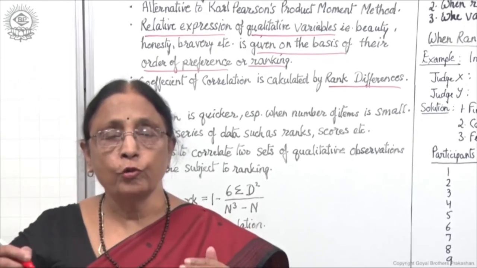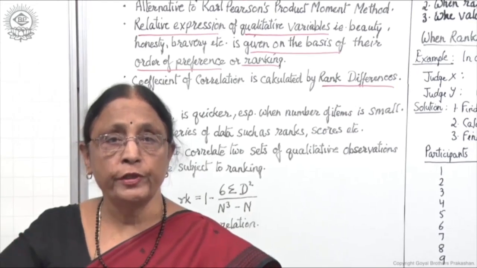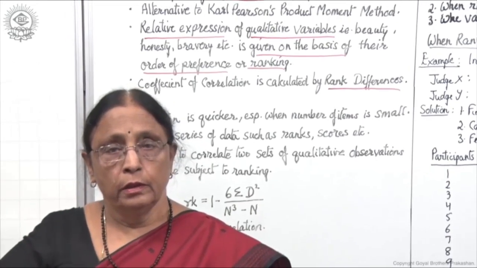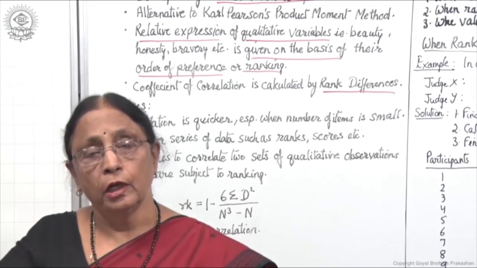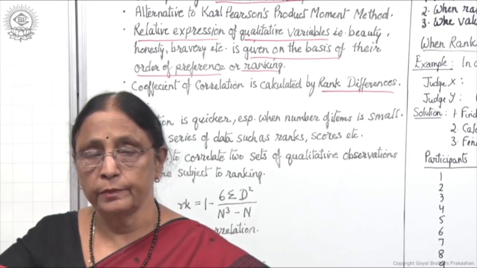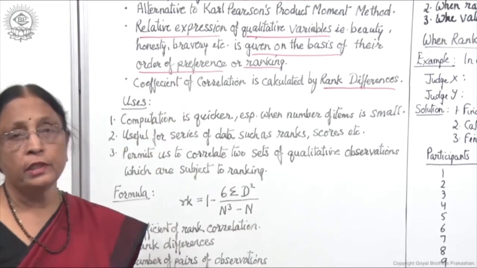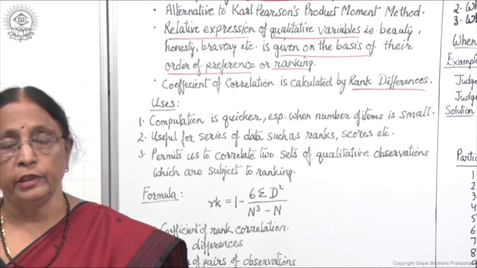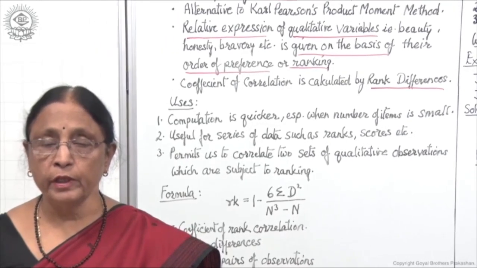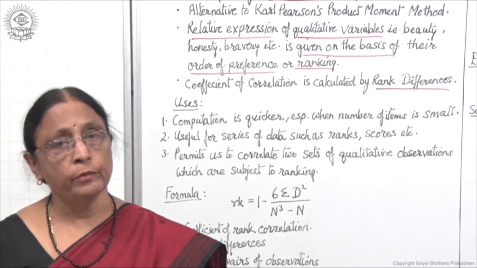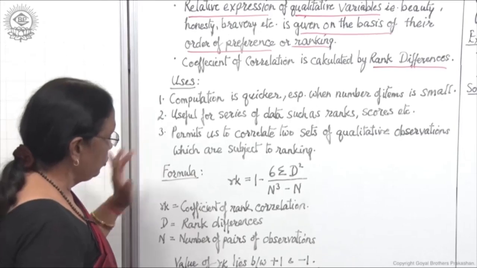Two sets of qualitative observations which can be allotted rank. That means either rank is given or they are allotted rank by us. In both cases, this type of correlation is very useful. In the case of data in which ranks can be given or scores can be given. Okay, now these are the uses.